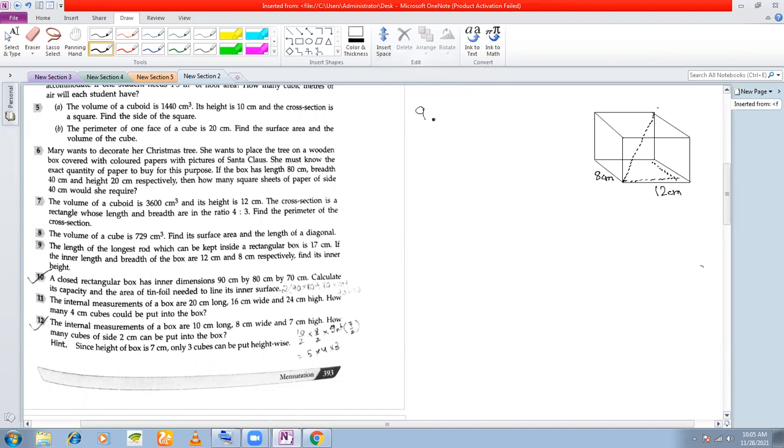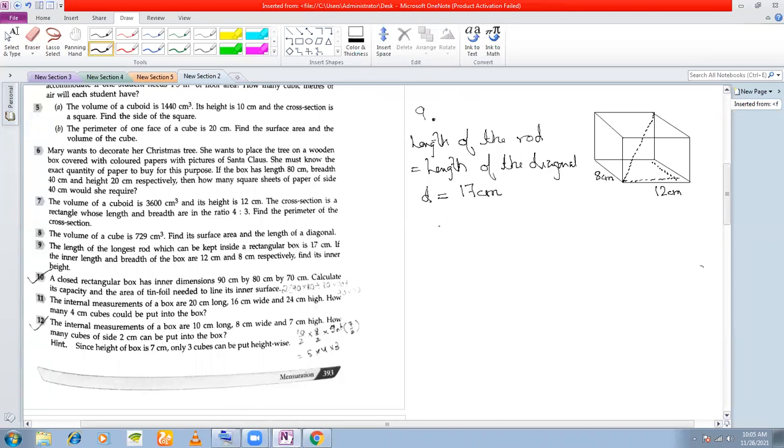So therefore, you have to accommodate this longest rod diagonal wise. And what is the length of this rod given here? 17 centimeters. So therefore, length of the rod must be equal to length of the diagonal. D is equal to 17 centimeters.